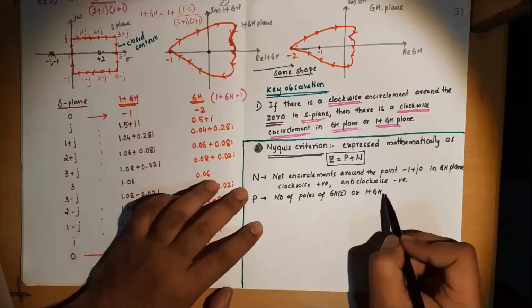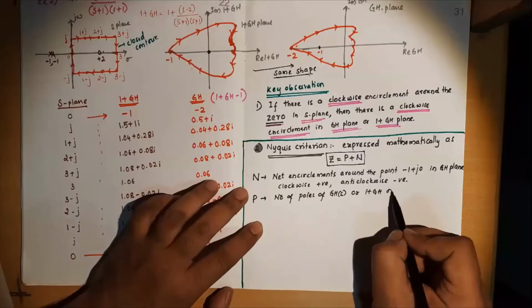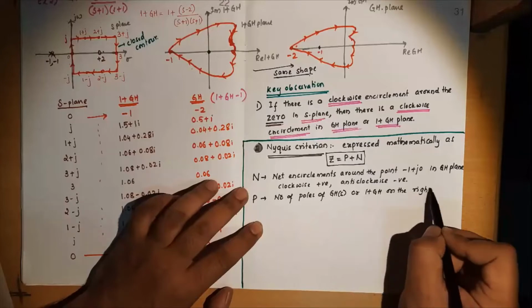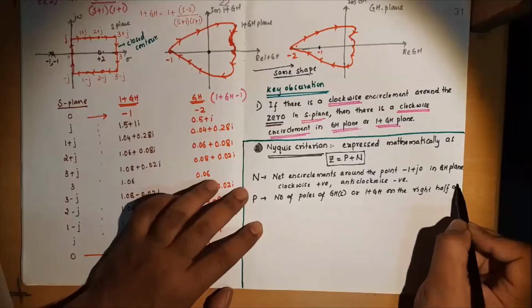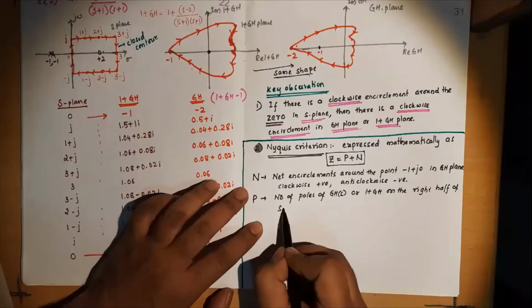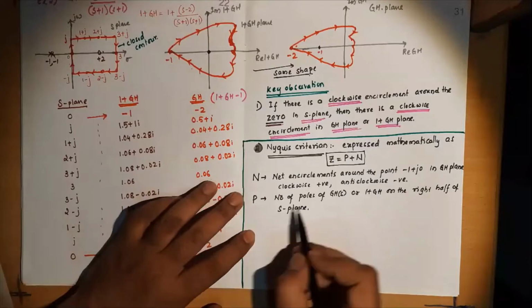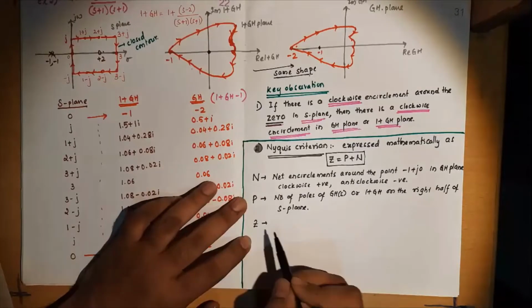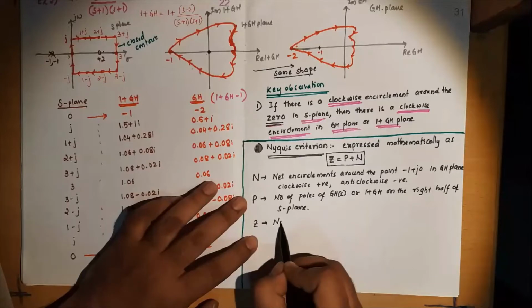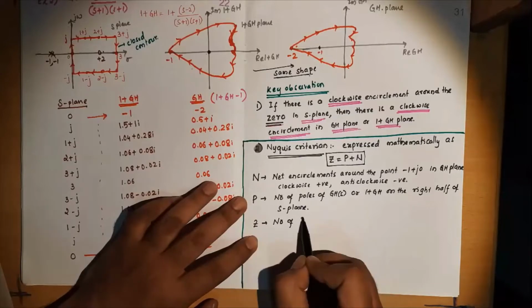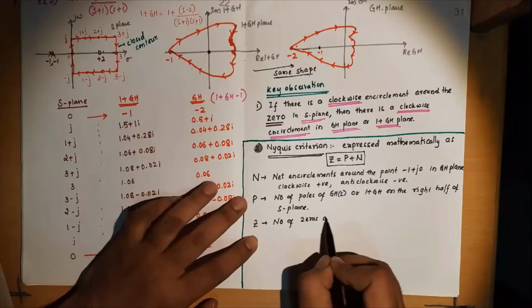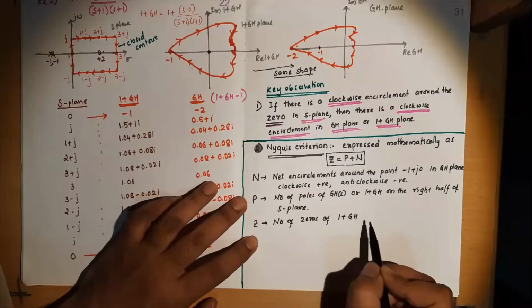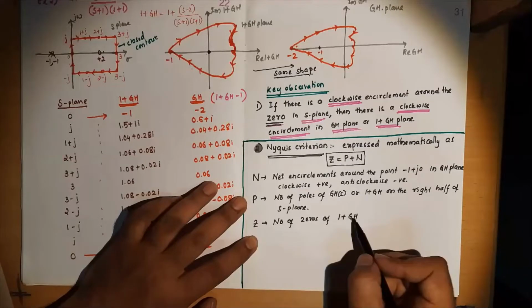Meanwhile, P is the number of poles of G(s)H(s), or of 1 plus GH, on the right half of the S plane. Please listen carefully. It is the number of poles on the right half of the S plane. And Z is equal to the number of zeros of 1 plus GH. Zeros of 1 plus GH represent the characteristic roots of the closed loop transfer function.